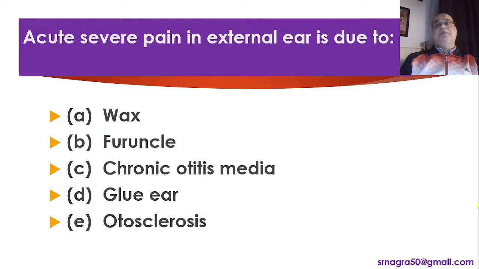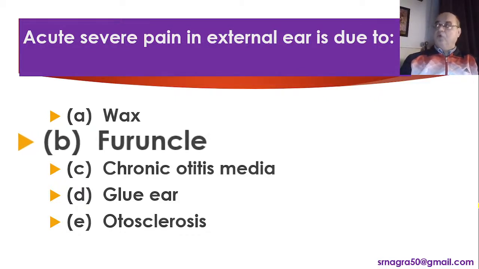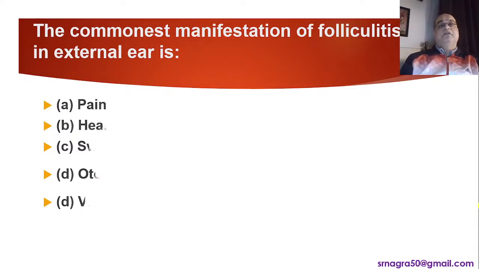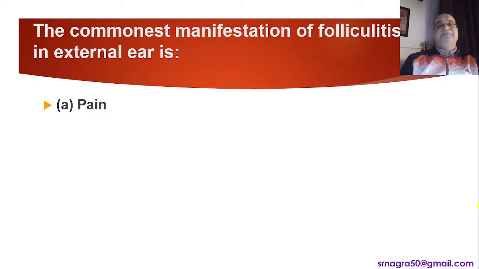Acute severe pain in the external ear is due to, again, furunculosis, which is very painful. There can be pain in other conditions as well, but here acute severe pain is there. Similarly, the commonest manifestation of folliculitis in the external ear is, again, very severe earache.